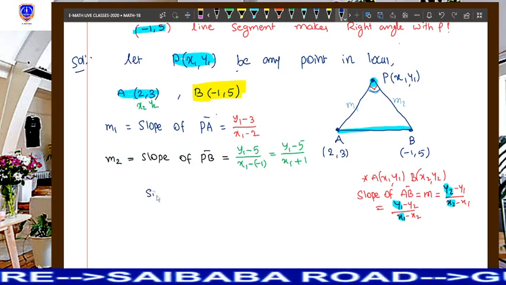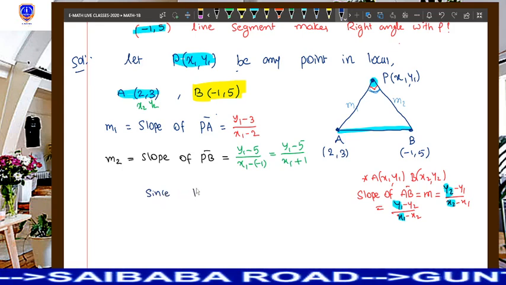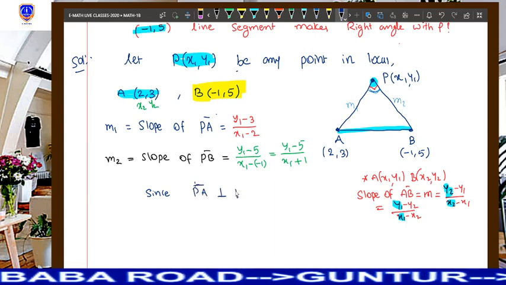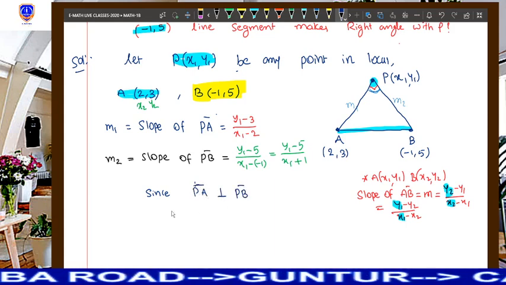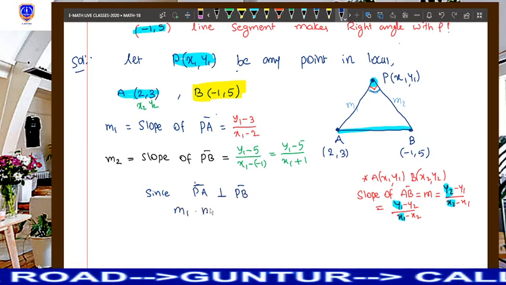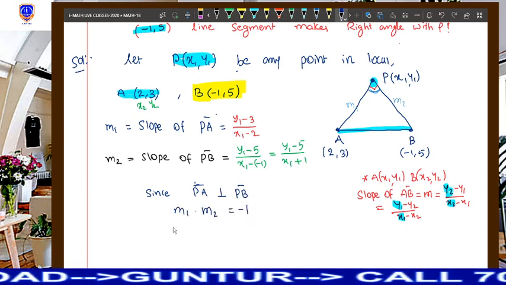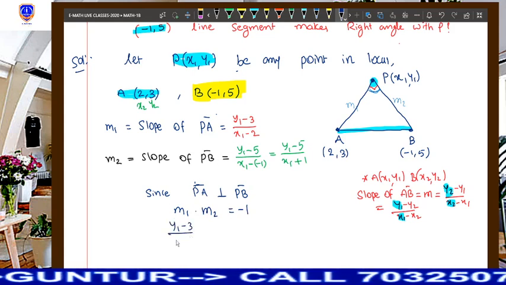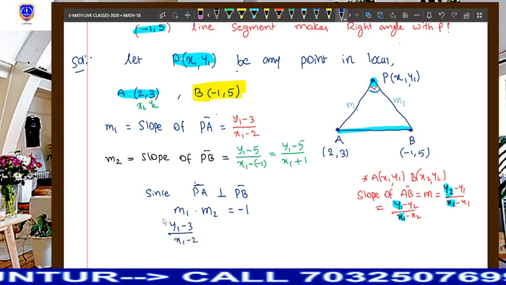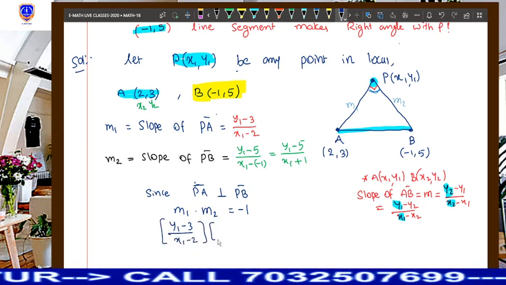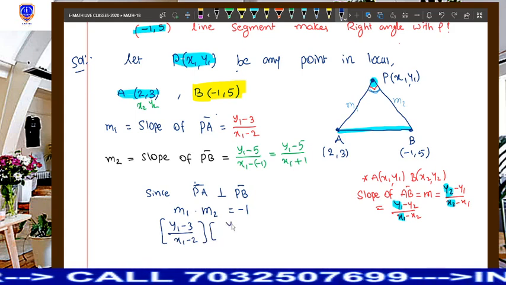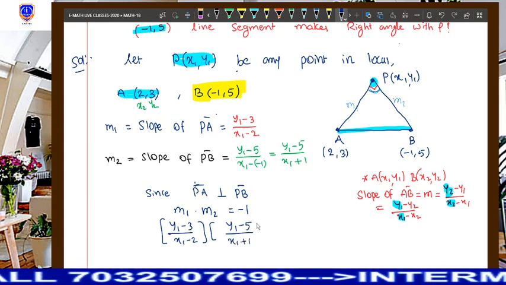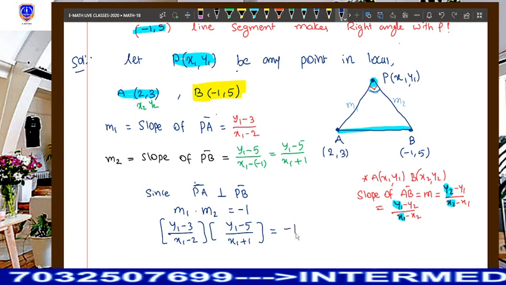Since PA bar is perpendicular to PB bar, M1 into M2 equal to minus 1. M1 stands for y1 minus 3 divided by x1 minus 2, into M2, which stands for y1 minus 5 divided by x1 plus 1, and this entire product is equal to minus 1.